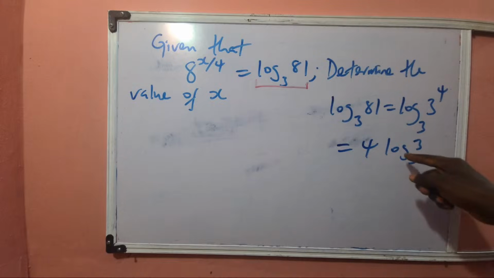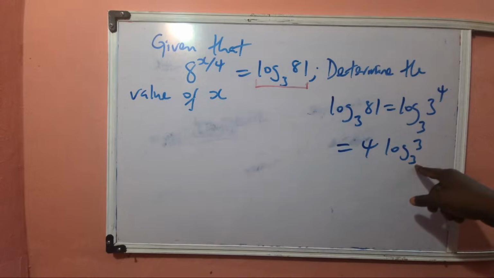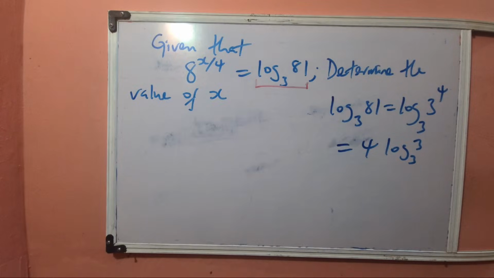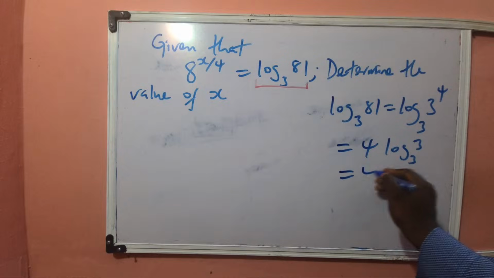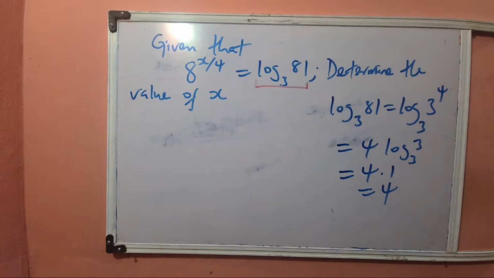Now, I'm sure you understand the law of logarithm that when you have a thing like this, we can also write it as 4 times log 3 base 3. This is a law in logarithm: a power like this comes to the front, and then you have the same thing. Now, when you have the log of the same value as the base, you turn it to 1. This is the same thing as 4 times 1, which is 4. All right.